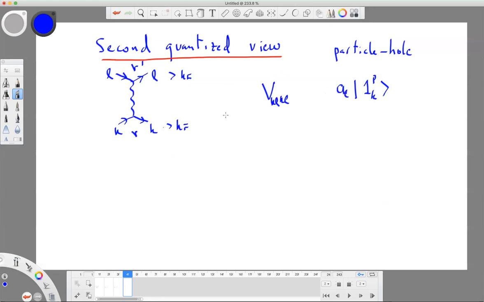And we also destroy another fermion in state K. This is one coming into the diagram like this. So these get destroyed, and then they create, in the order that we build the operator, we need to switch the operators this way, because this is the form of a two-body second quantized operator.